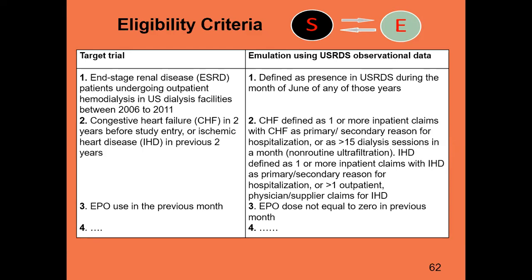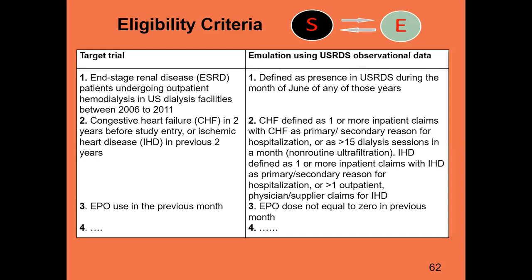For example, originally we wanted to specify blood pressure requirement as eligibility, but USRDS does not include blood pressure data. So it's not feasible to emulate, and therefore we had to remove that criteria from the specification column.